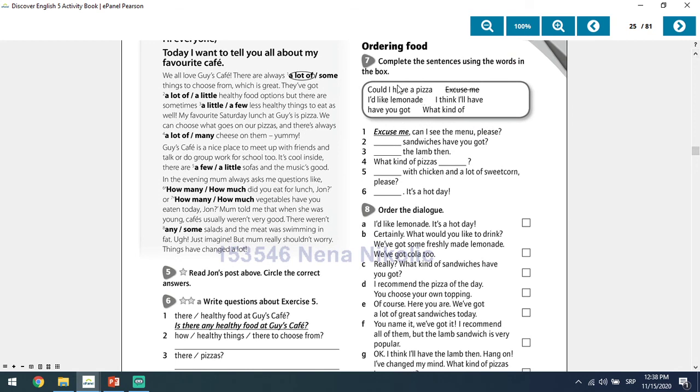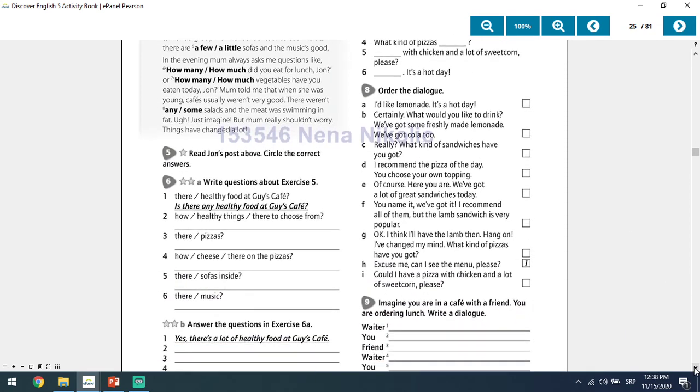Here you have some expressions which you need to put in the sentences below. And then the dialogue, which is not written in the correct order. You have the first sentence, and your task is to put the other sentences in the right order so that you make a dialogue in a restaurant.